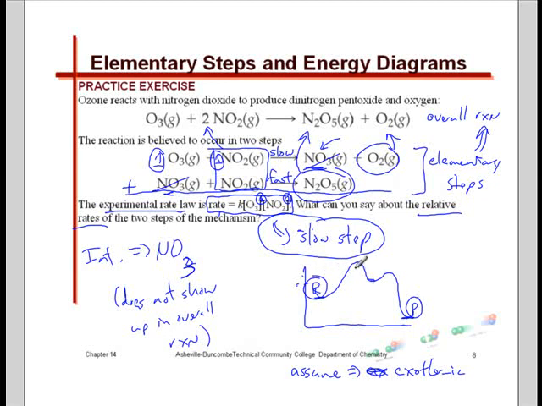So again, the 1, 2 bumps correspond to the 1, 2 elementary steps, and the largest energy barrier is the slow step. We know it's the slow step because it corresponds to that rate law there. The magnitude of the energy barrier here is going to vary. I'm just guessing that it's fairly shallow. One thing I do know for sure is that it's not going to be larger than that guy.